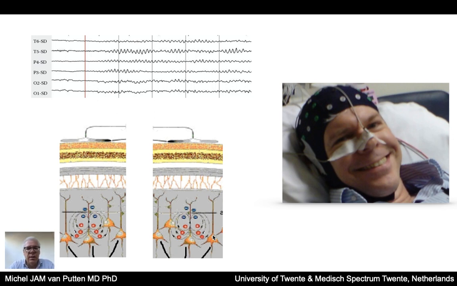And it's thanks to the parallel alignment and in part the synchrony between the different pyramidal cells that the currents indeed add, resulting in a sufficiently large extracellular current that gives rise to small voltage fluctuations at the level of the scalp that we can measure with our EEG electrodes.